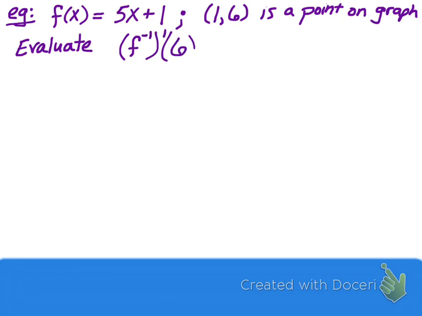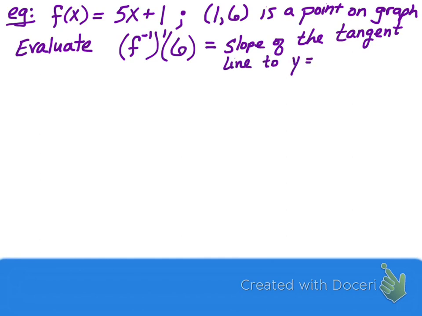Evaluate the slope of the tangent line on the inverse function at x equals 6. So this will be at the point (6, 1) on the inverse function. So this is the slope of the tangent line to y equals f inverse of x at the point (6, 1).